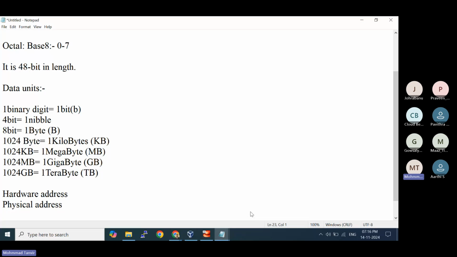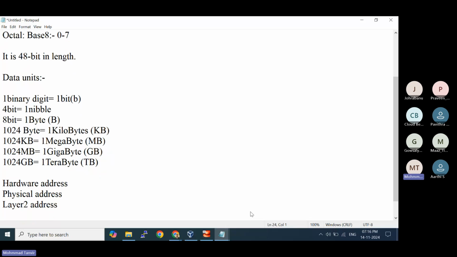Then one more is the L2 address, layer 2 address, because this MAC address is used on layer 2 of the OSI model. We also say it as a MAC address. Okay, so these are the names using which we refer to the MAC address.